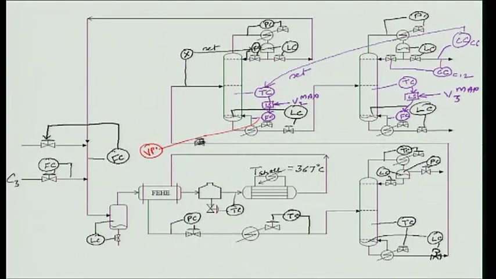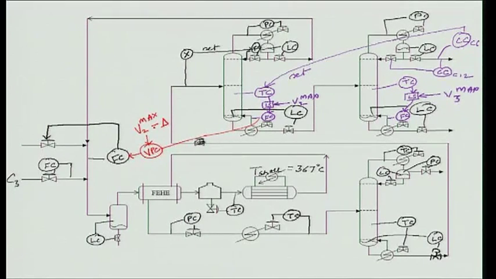a valve positioning controller which basically sets the total benzene, and its set point will be V2 max minus delta.